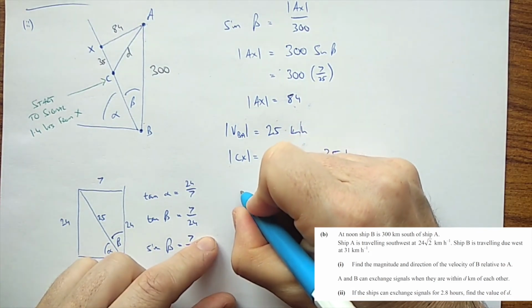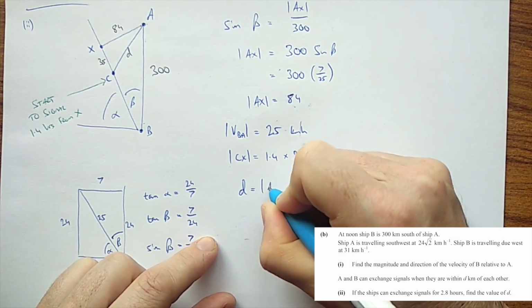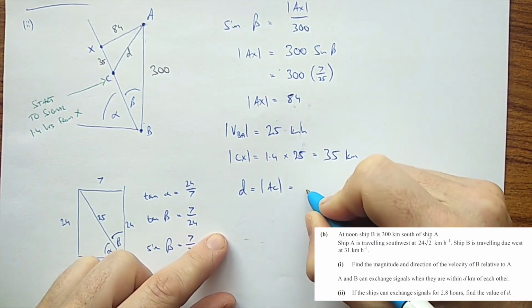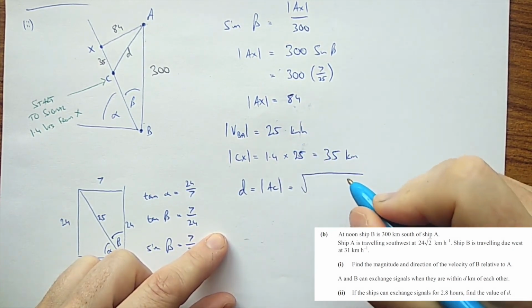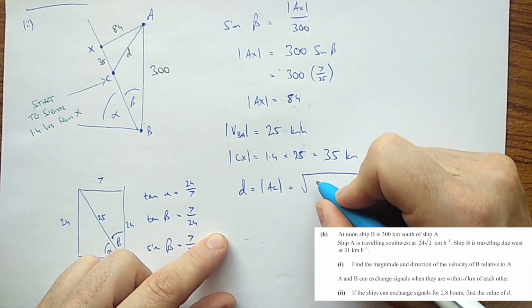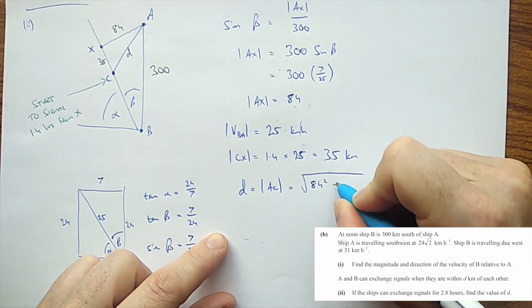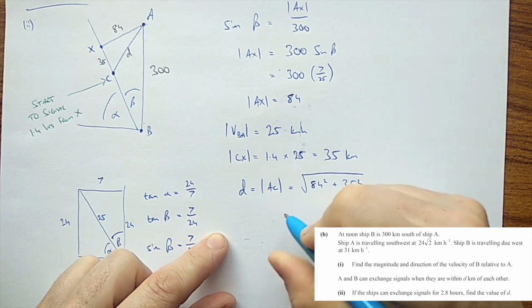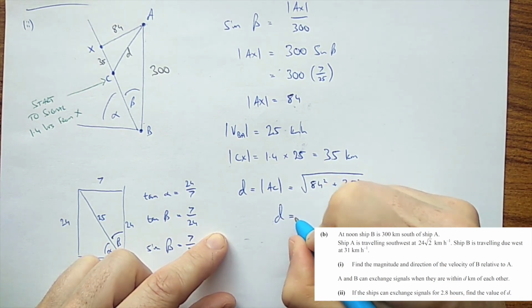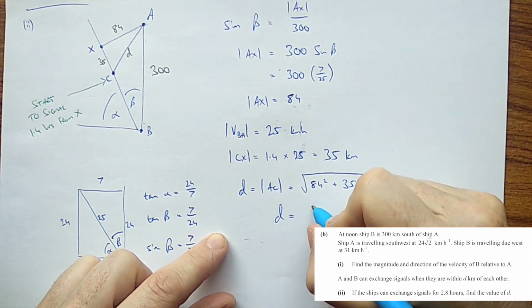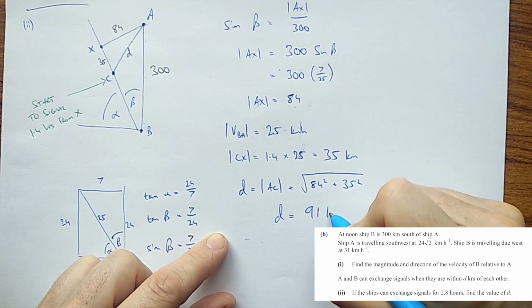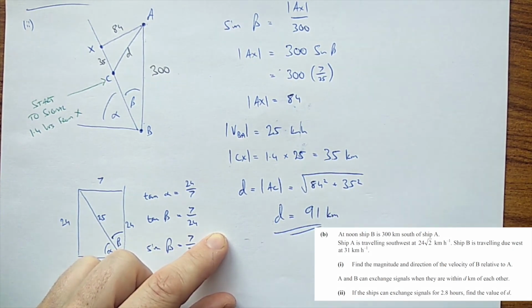We know that D in our diagram is distance AC, which using Pythagoras is the square root of 84 squared plus 35 squared. Punch that on your calculator, and D will equal 91 kilometers. There we go.